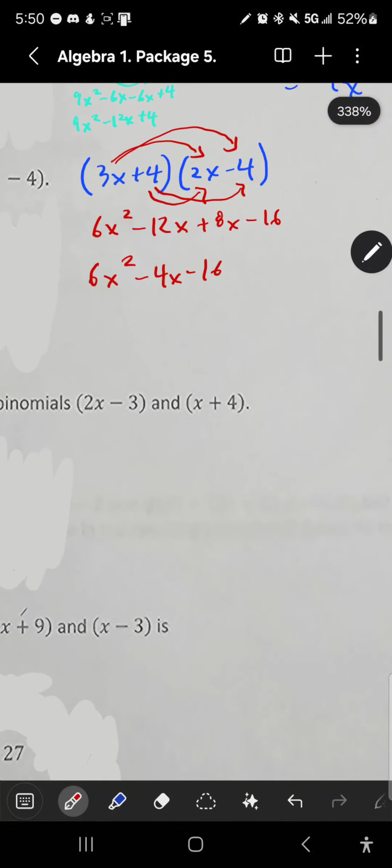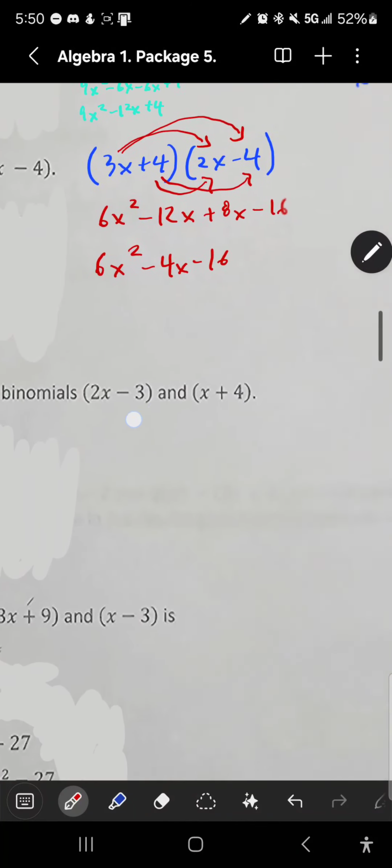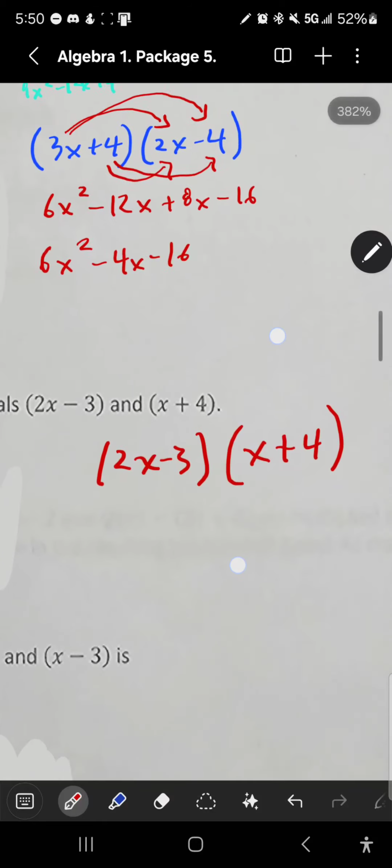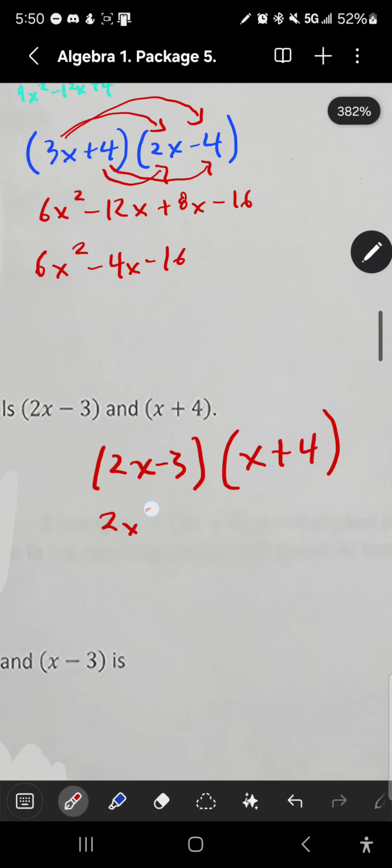So let's multiply this. They're asking to multiply it, so 2x minus 3 times x plus 4. So 2x times x is just 2x squared. 2x times 4, 8x. Negative 3 times x, negative 3x.